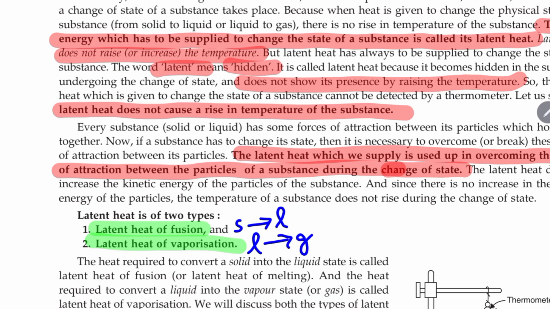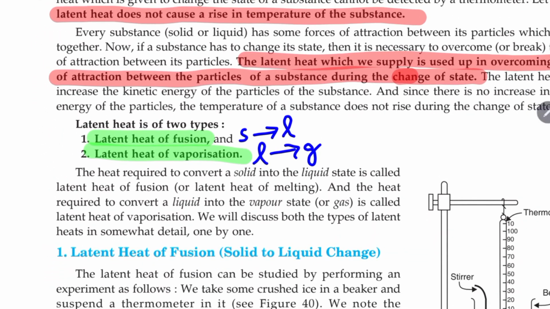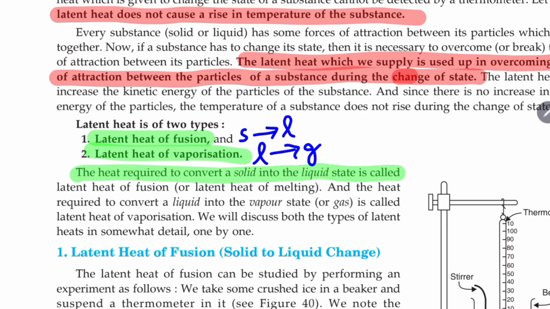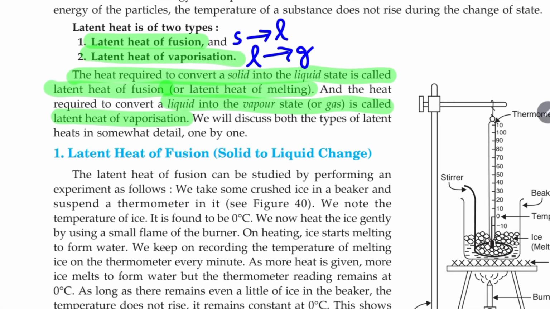So the heat required to convert a solid to the liquid state is called the latent heat of fusion or latent heat of melting. And from the liquid to the vapor state is called latent heat of vaporization. So let us see them one by one.